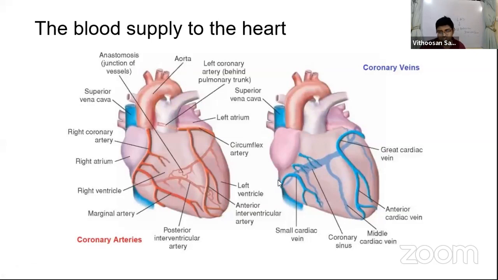At this point it gives another branch called the marginal artery. You have to have some idea about these forever. This is something you can't forget at any point in your life.